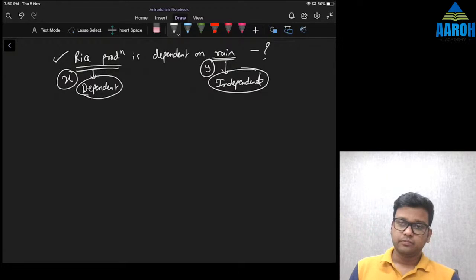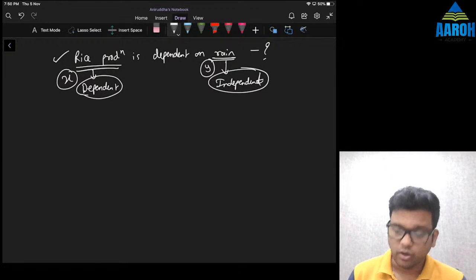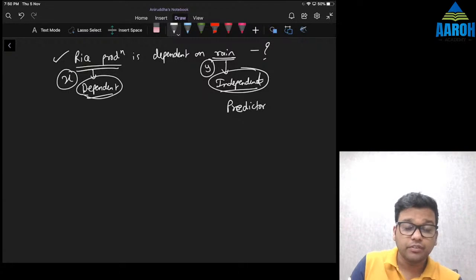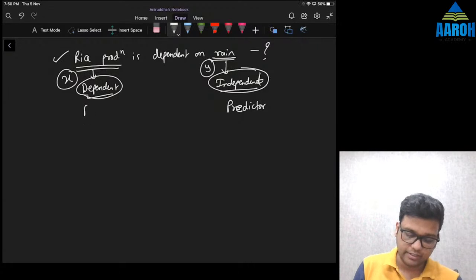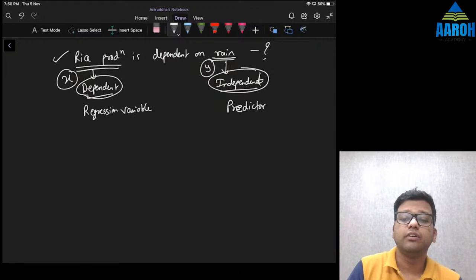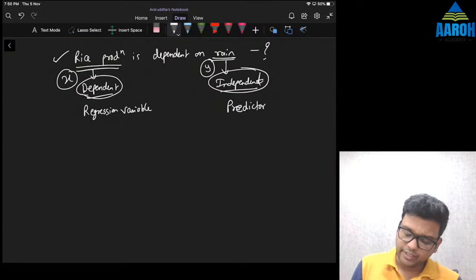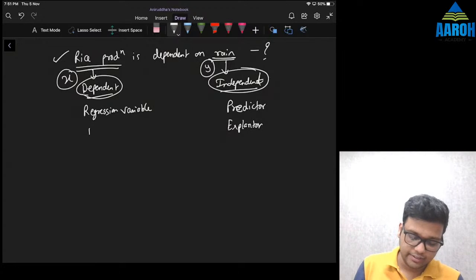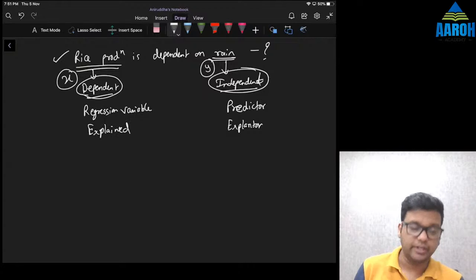Or we can say that y is the independent variable, x is dependent, or that y is the predictor on the basis of which we are going to predict, and x is the regression variable, the one whose value we are going to find. Or we can say y is the explanator, the one which explains, and x is the explained variable, the one which we calculate.